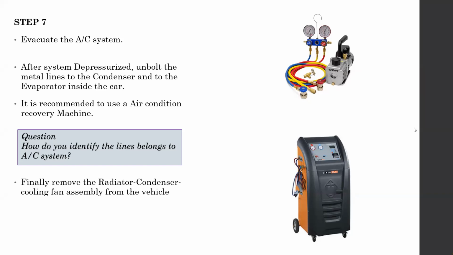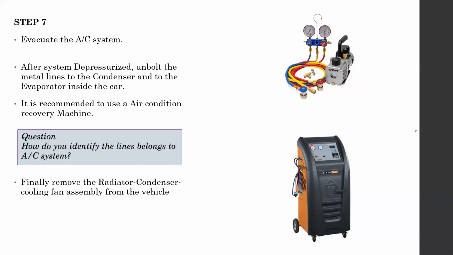The easiest way to identify the air conditioning line is to just touch it. You find the compressor. From the compressor you can find there are two lines going.